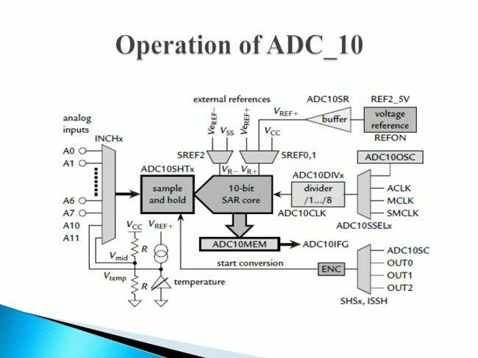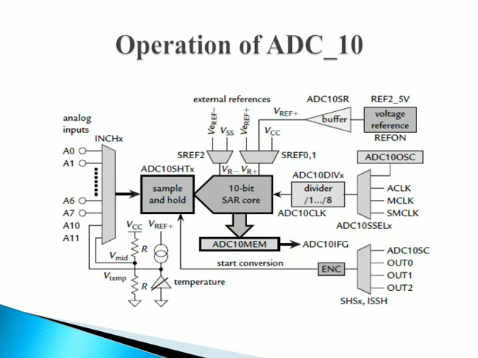Next we will see the clock. The clock for the ADC10 can be chosen from either the main clock, the sub-main clock, the auxiliary clock, or the internal modular oscillator, that is the ADC10 oscillator. This clock source is chosen from ADC10SSEL, so from that your clock will be selected.